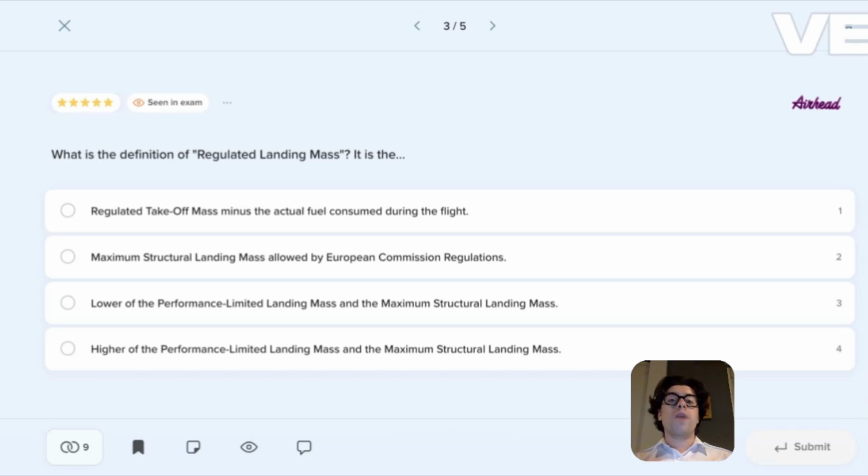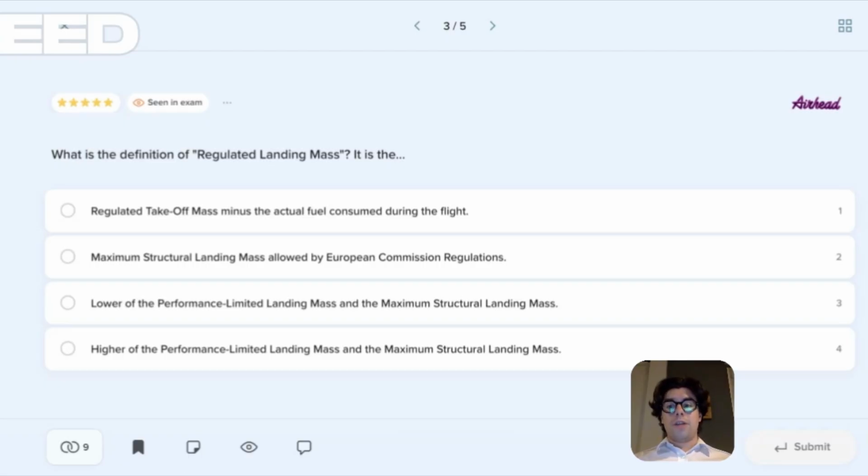And this will be our regulated mass. For example, if you calculate that you need a maximum of 50 tons to maintain a specific climb gradient after takeoff, however 49 tons is the maximum takeoff mass of the aircraft, then of course you will not load the aircraft to 50 tons, as you would go over the maximum takeoff weight.